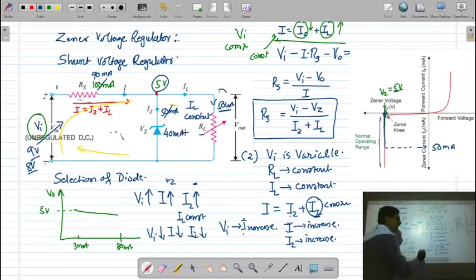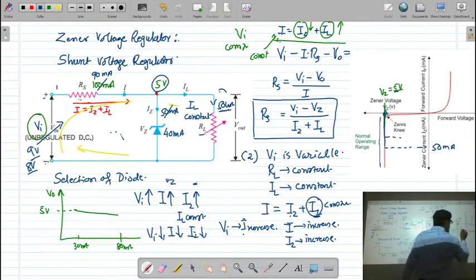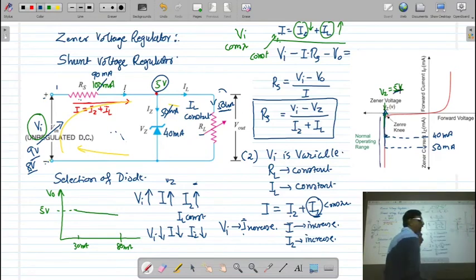And if you look at the characteristics, for 40 milliampere, what is the voltage across the zener? It is 5 volt. So my input voltage is decreased, but still the output voltage remains constant.